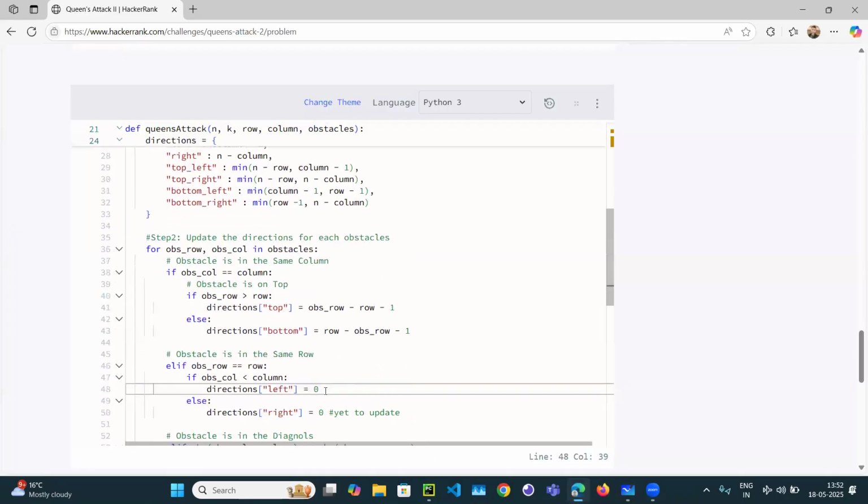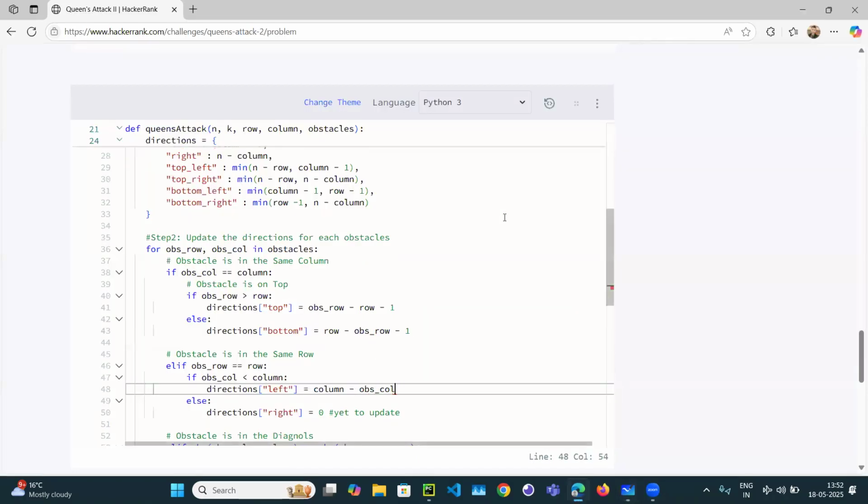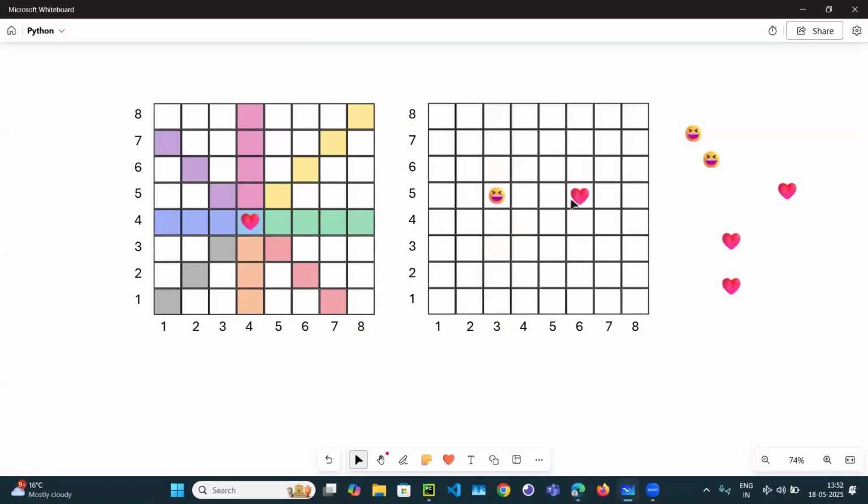So what you have to do is, earlier you were doing column minus 1. Now you can't subtract 1. You have to find the obstacle column. So queen's column is 6, obstacle column is 3. So 6 minus 3, 3. But you can't include this column because you need to find the number of columns. Because if you go left, you have to find the number of columns.